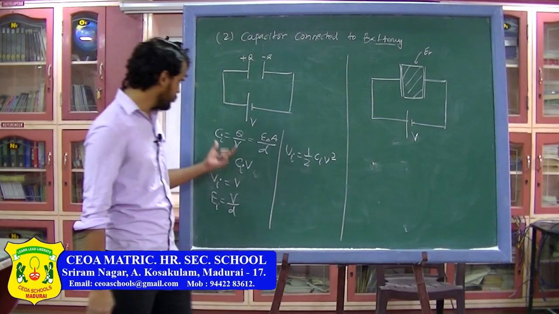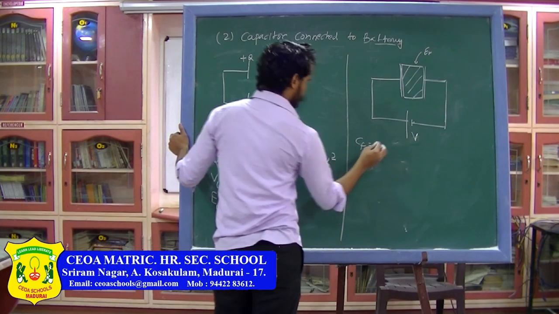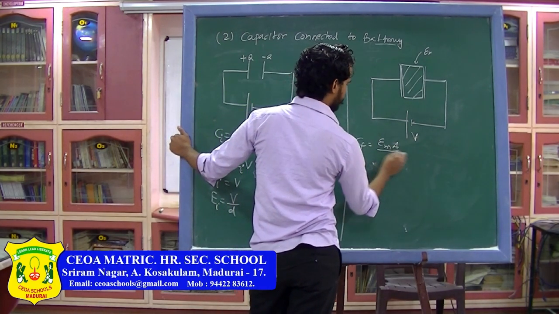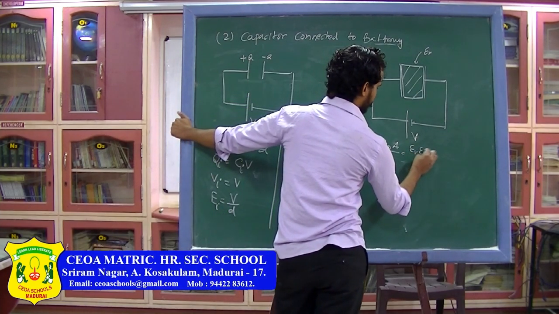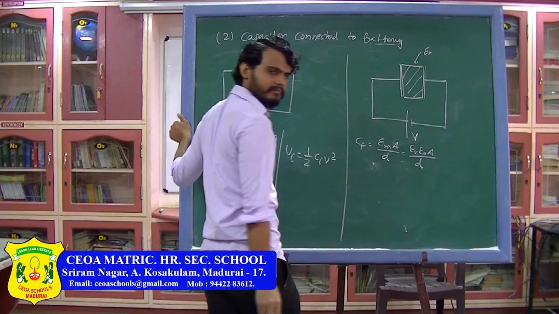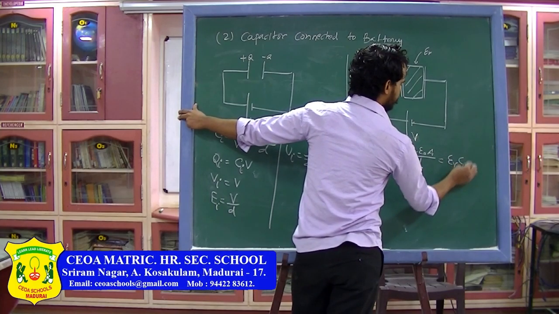Now let us talk about the capacitance. Final capacitance I can write as epsilon naught epsilon r times A divided by D, which again can be written as epsilon r epsilon naught A divided by D, and epsilon naught A divided by D can be written as C initial. So C final will be epsilon r times C initial.